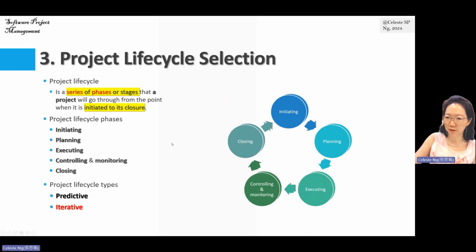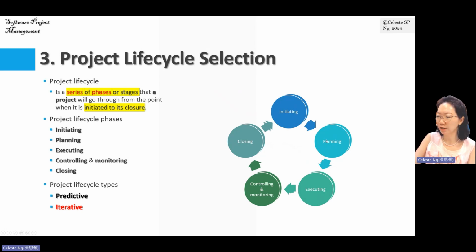Then we have the second type of project lifecycle, which is the iterative. In the iterative lifecycle, feedback is encouraged. For example, if we are in initiating and then move to planning, during the planning we are encouraged to get feedback.